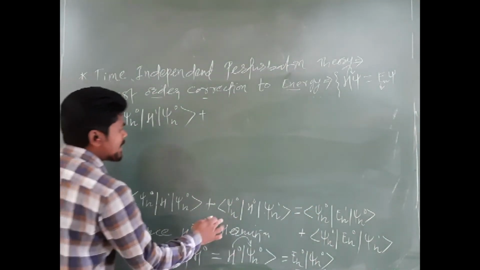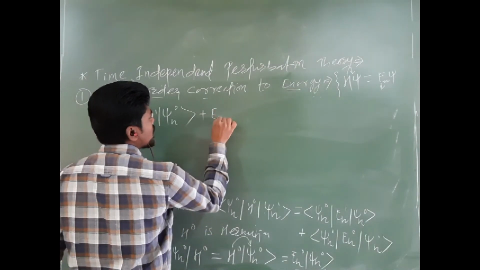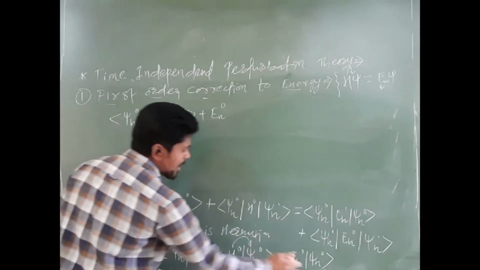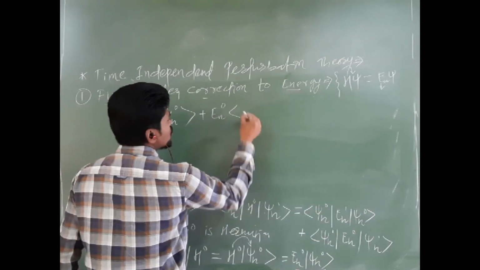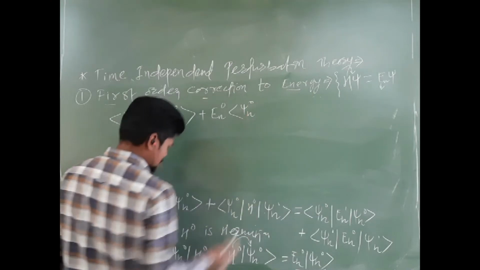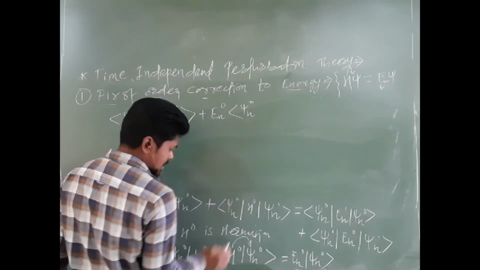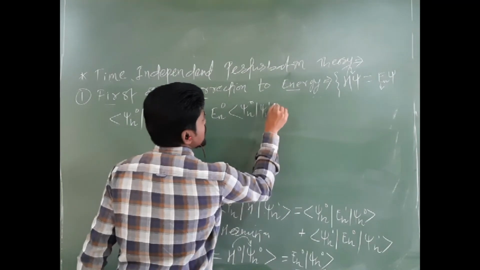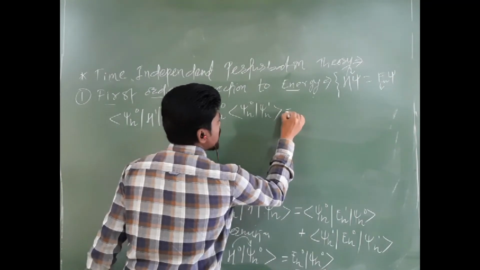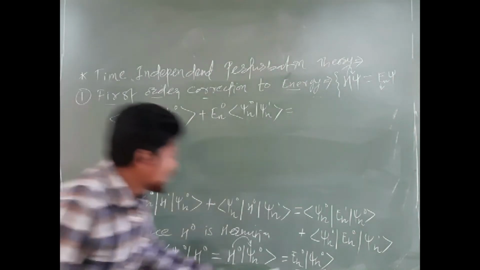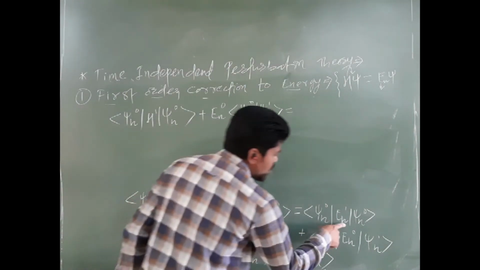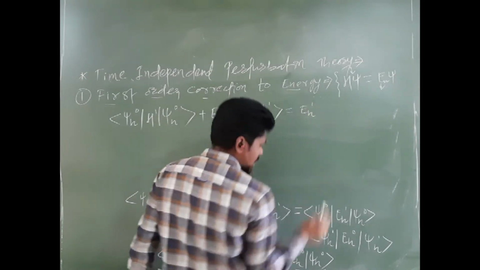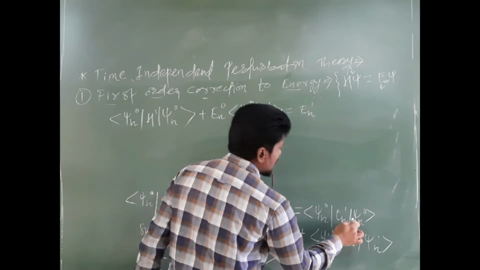So here E n naught will be outside, this psi n naught and this psi n prime will be as it is, equals to, okay, on this side this value I will take outside, so I will write here E n prime, psi n naught psi n naught.